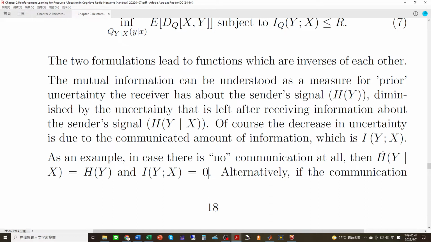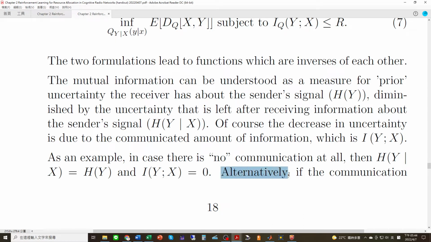And the entropy of y given x is also equal to h of y, because we do not have the transmitted signal x. So the sender does not send signal x, so we do not know x. So h of y given x is equal to h of y, and I of y;x, that is the mutual information between y and x, is equal to 0.